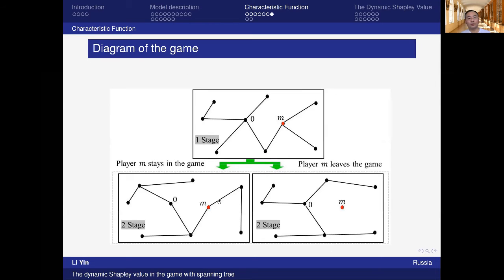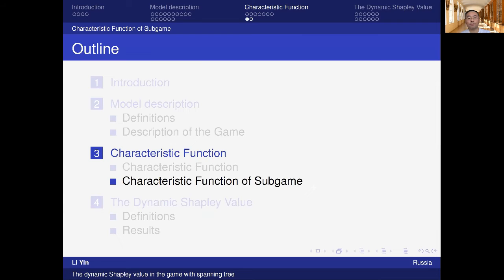So this is the diagram of the game. For example, at the first stage, the minimum cost spanning tree looks like this, and if M stays in the game, maybe they could find another minimum cost spanning tree, and the total cost is minimal in dynamic games. Or player M leaves the game, and the game only has n-1 players, and they play the game like the first stage.